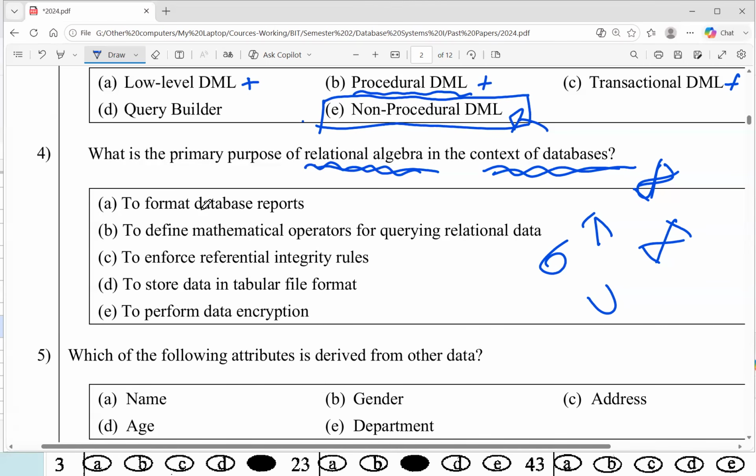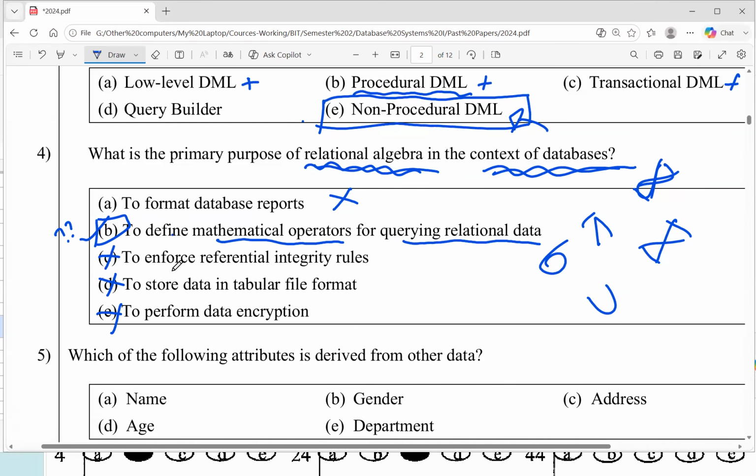To format database reports, definitely no. To define mathematical operators for querying relational data, in a way yes, like mathematics. Let's keep. To enforce referential integrity rules, no. To store data in tabular form, no. So this is the best answer. We'll settle for B.